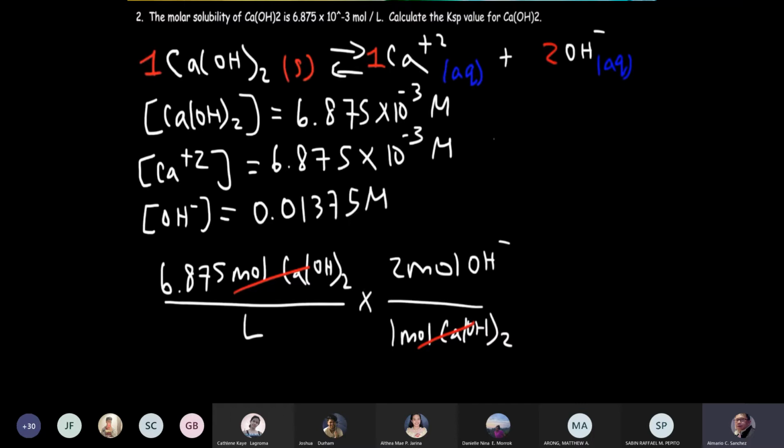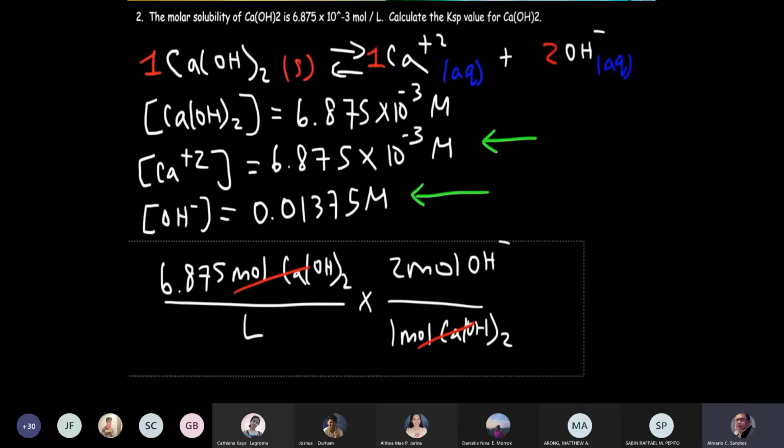So now that we have the equilibrium concentrations of calcium and hydroxide, we can now calculate the KSP value for it.